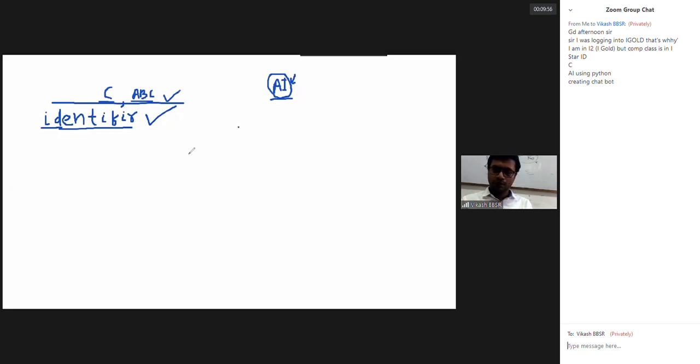Okay. So whenever you are running a Python program, you are creating identifiers. But identifiers require or follow some rules. According to those rules, you have to create the identifier. Am I correct?